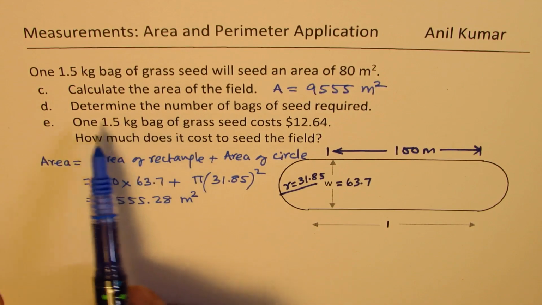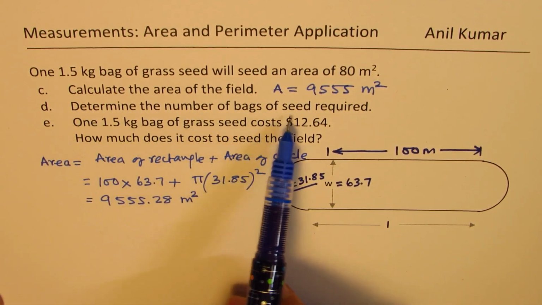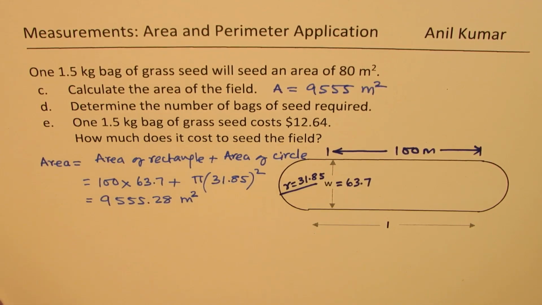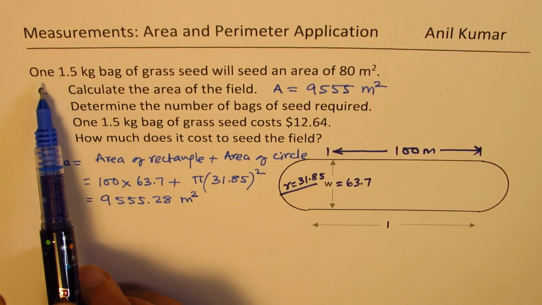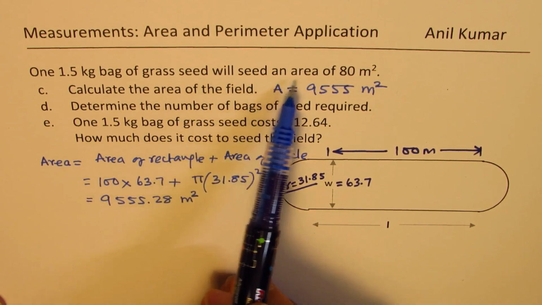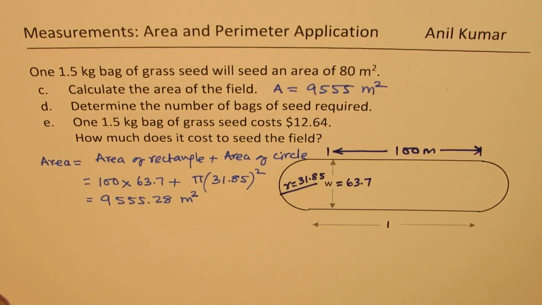Now determine the number of bags of the seed required. We are also given the information that a 1.5 kg bag of grass seed will seed an area of 80 meters square, right? So we'll use this information to find the number of bags required.